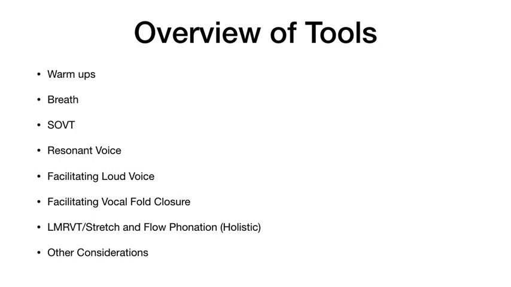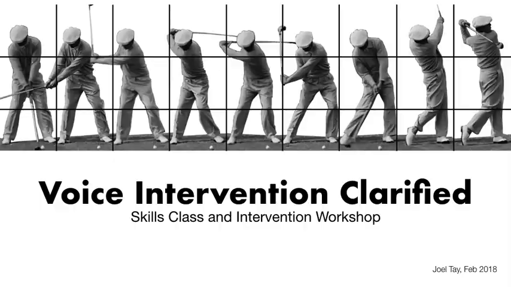If you don't know what to do, because many things are impacted at the same time, then it might be worth going into something a bit more systematic, like LMRVT or LSVT, with the aim of trying to balance those things. Okay, so let's go back to the 3 questions and see if I answered them.